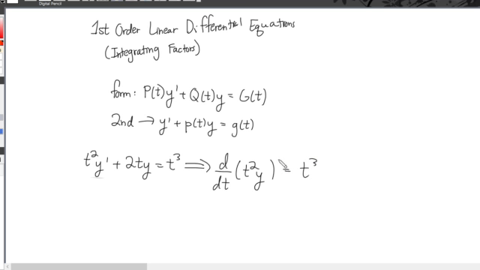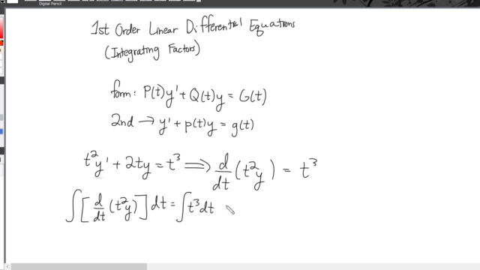And now we can simply just integrate both sides. So to do that, we have the integral of the derivative with respect to t of t squared times y times dt, and this is equal to the integral of t cubed times dt.